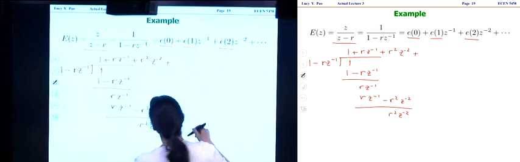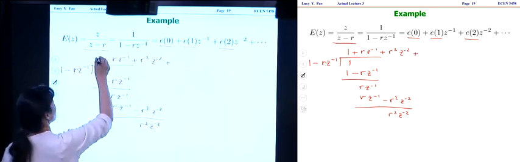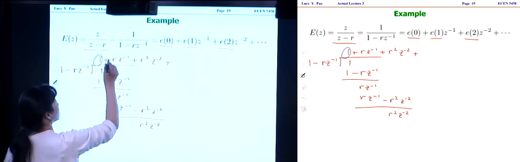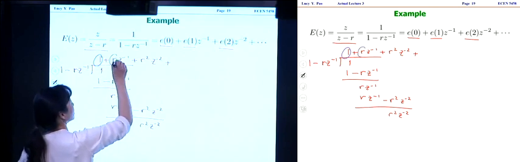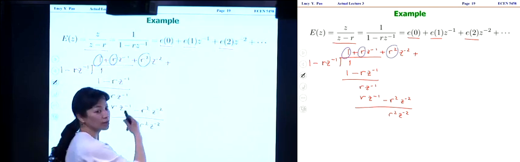And you can continue. So basically then matching the terms, e of 0 is 1, e of 1 must be r, e of 2 is r squared, etc.